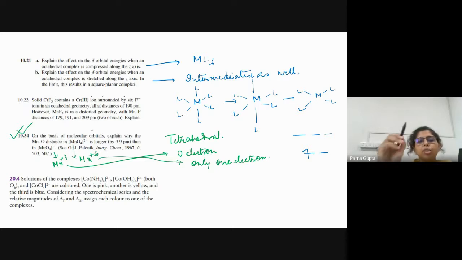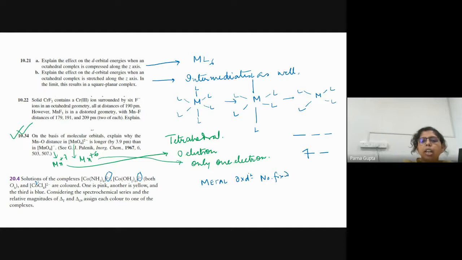Okay, the next one, just read this question. The solutions of the complexes cobalt NH3 6 2 plus, here it is cobalt 2 plus, and here also, if you calculate, cobalt is 2 plus. So the metal oxidation number is fixed.